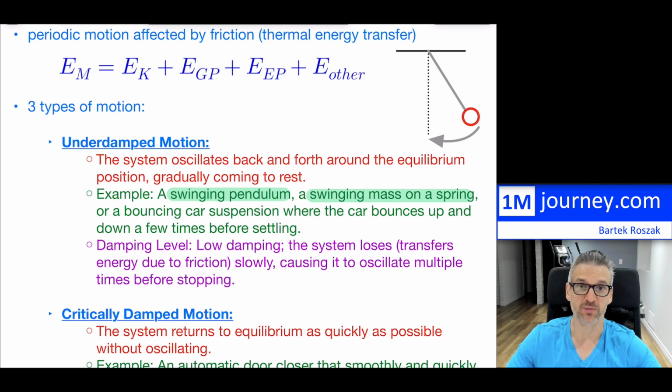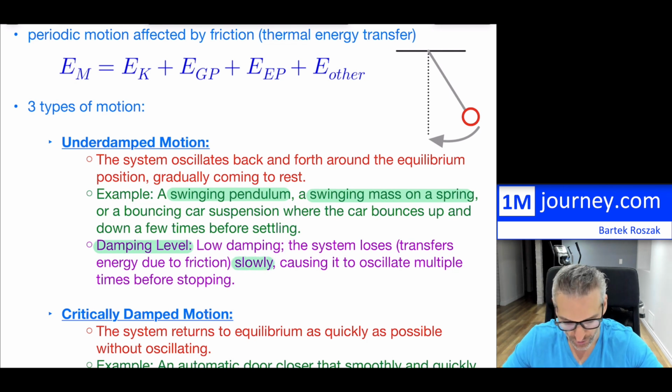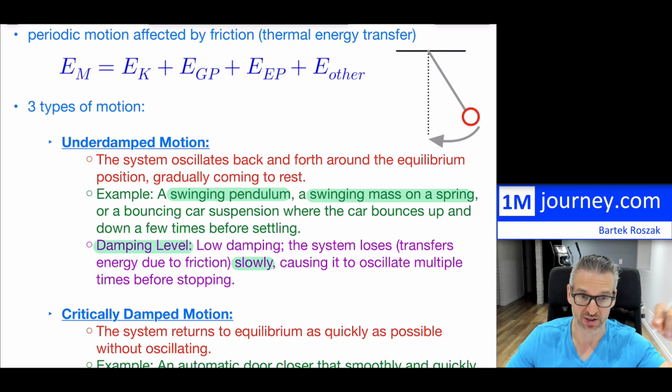The system loses, or at least transfers, energy, but it does it slowly, at least relative to some other damped motions. So underdamped motion is rather slow, going back and forth, and then it eventually oscillates through and settles.